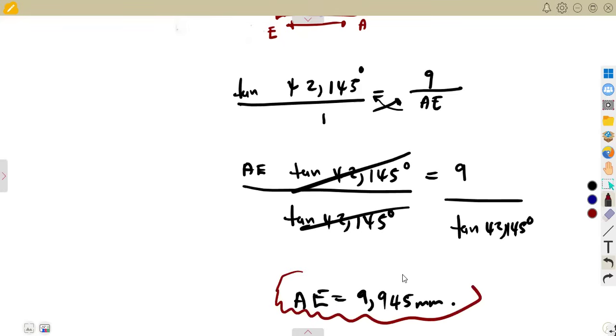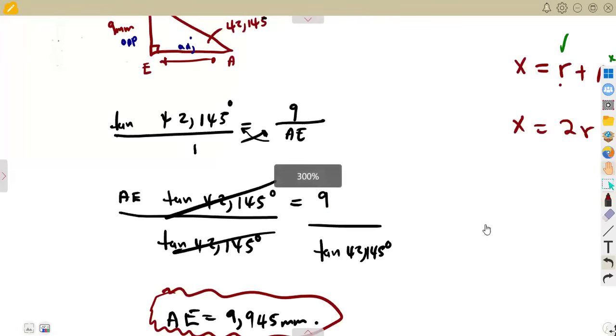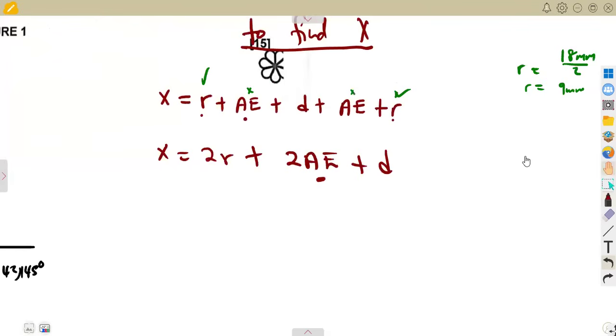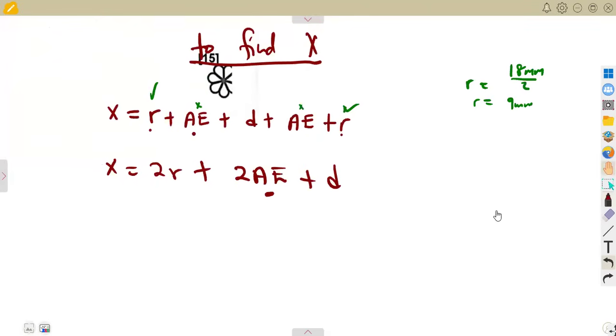With the AE that we have calculated, we can now calculate X. Remember, that was the only missing part in our formula. Everything else is there, the radius and the diameter from the bottom part.